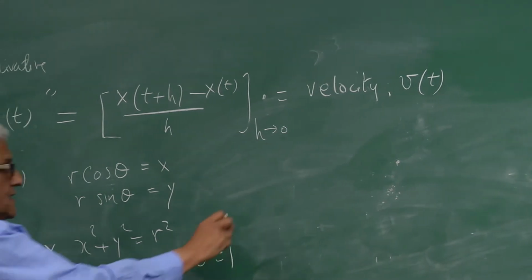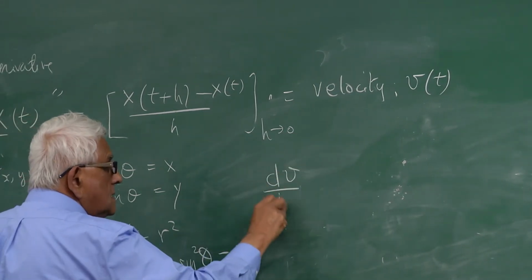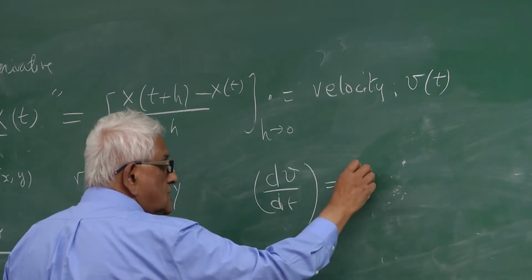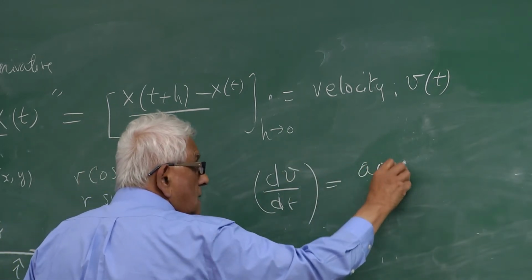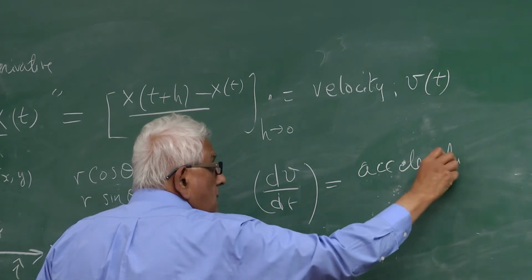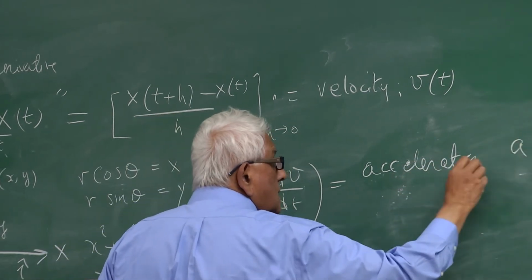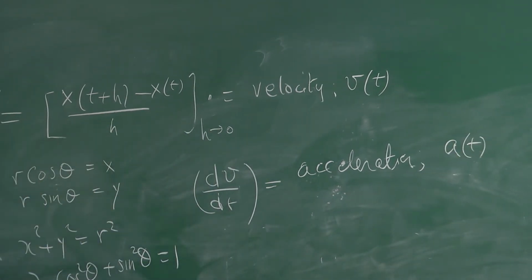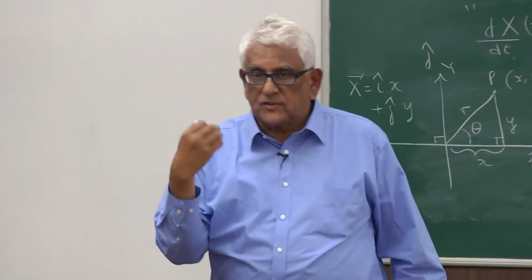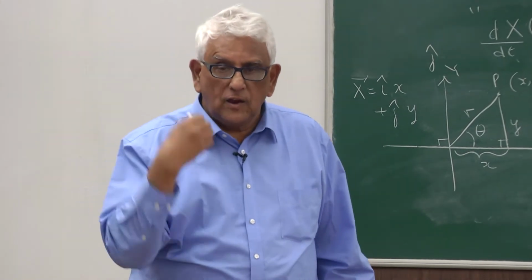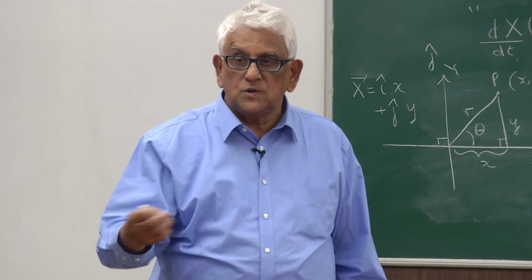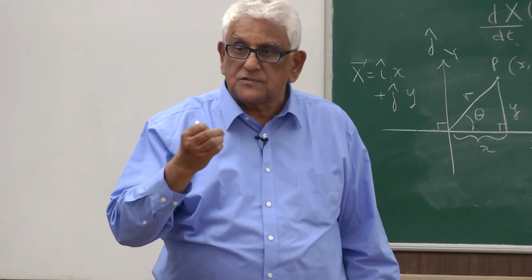Similarly, if I take dv dt, this is another function, and this would be the acceleration. Right? So immediately you have a notion of velocity which is instantaneous at one instant of time, and a notion of acceleration at one instant of time.